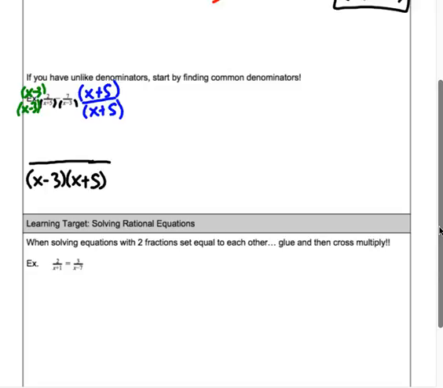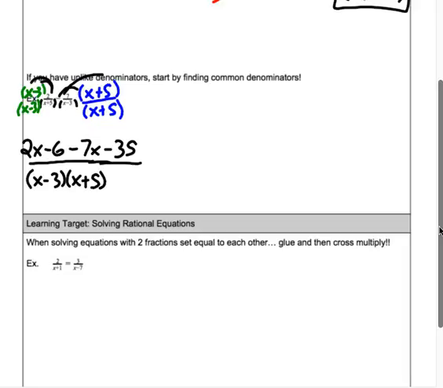Okay, and now I just math on top. So I distribute the 2 to get 2x minus 6, distribute the negative 7 to give me negative 7x minus 35.